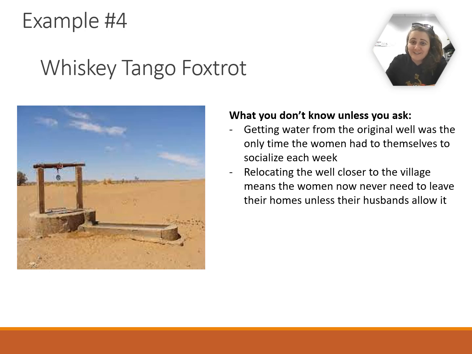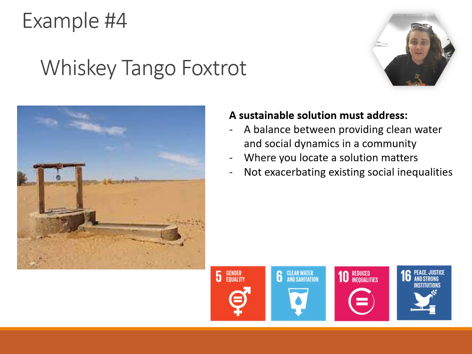And so it's actually the women who keep blowing up this well because they have lost something that's very important to them in their own social interactions. And I think that's a very powerful example of understanding what types of inequalities exist in cultures and trying not to exacerbate inequalities that already exist.